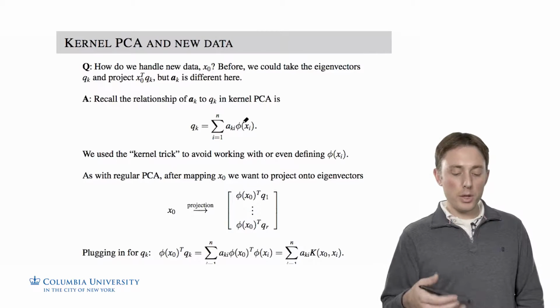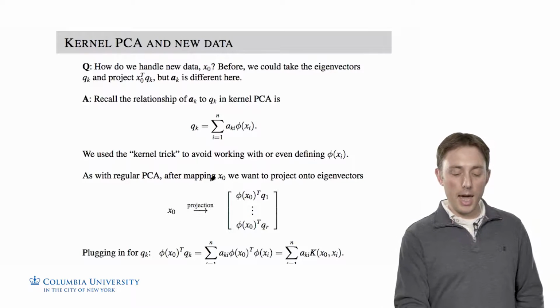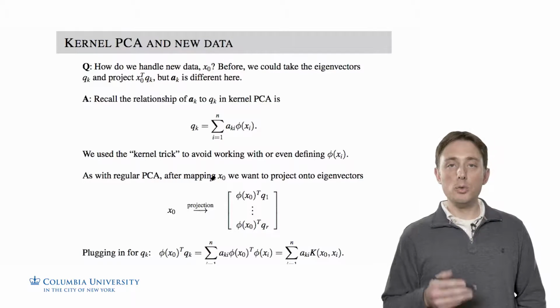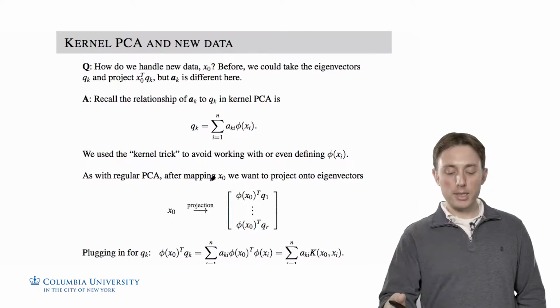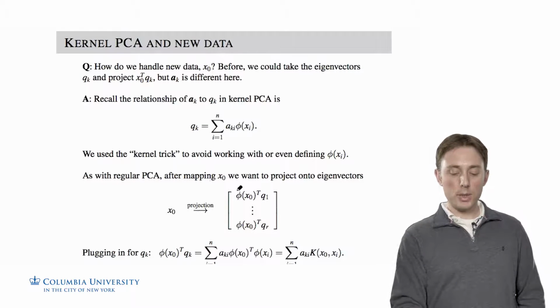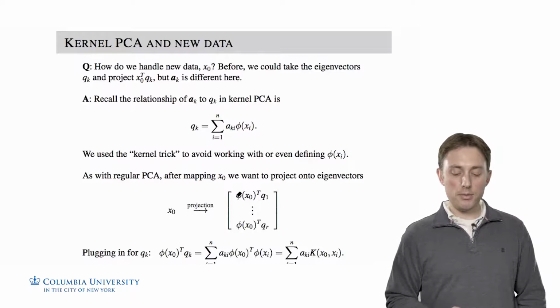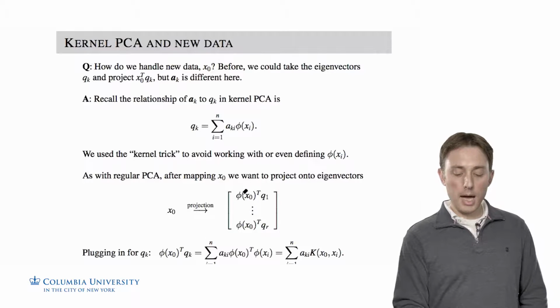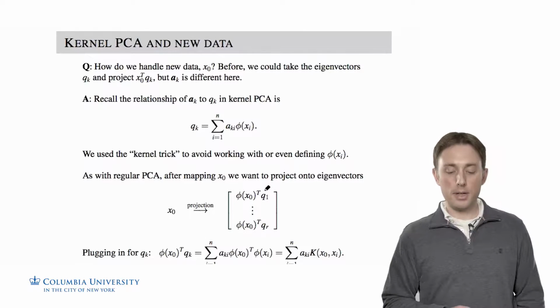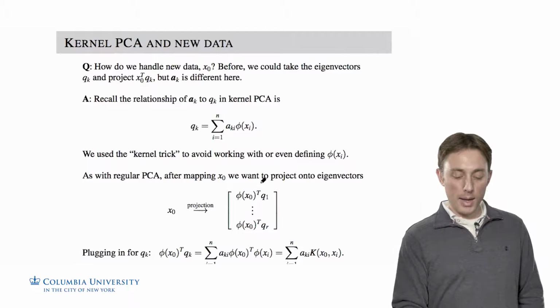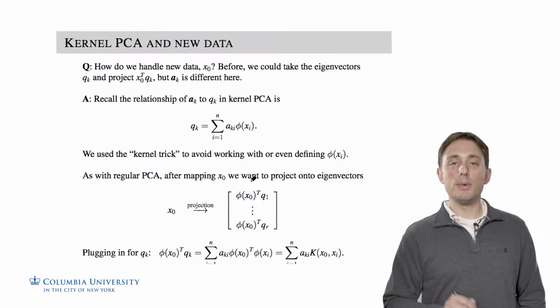Now, as with regular PCA, after we map x0, the new data point, to the same higher dimensional space, we want to project it onto the eigenvectors. So we take x0, map it into the higher dimensional space by the function phi, take the dot product of that higher dimensional mapping with the first eigenvector, and that becomes our first dimension in the lower dimensional space.